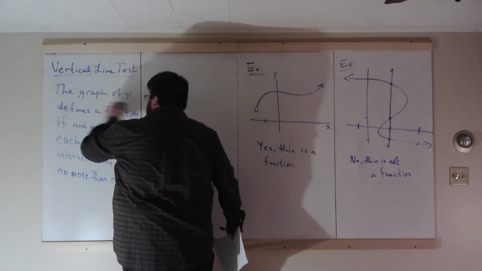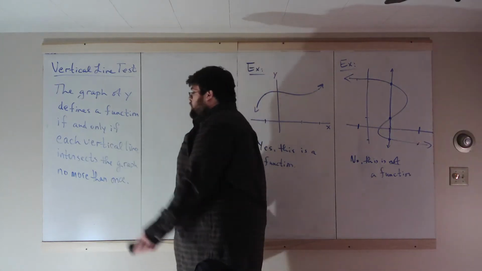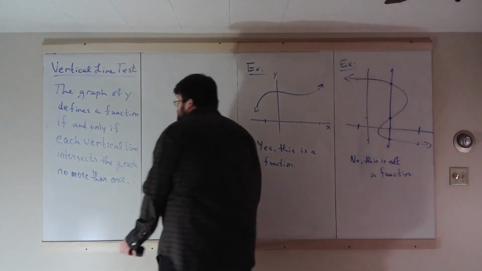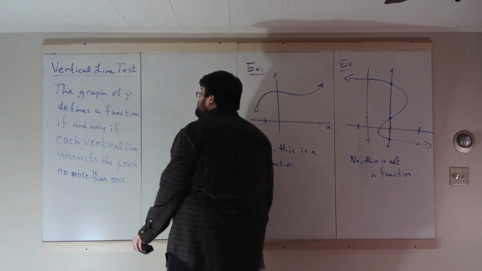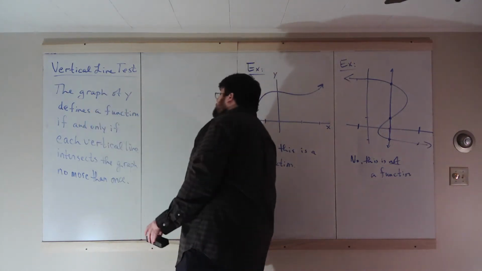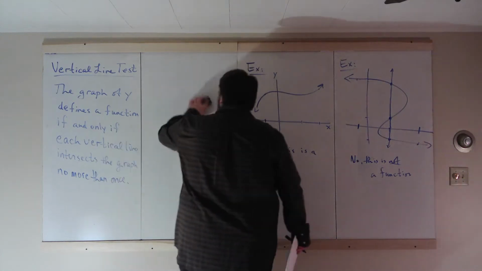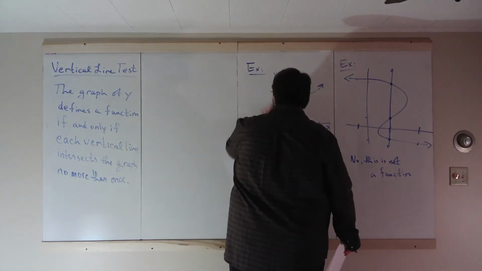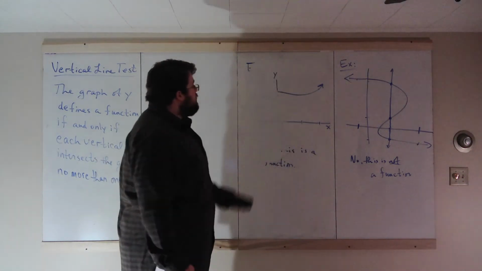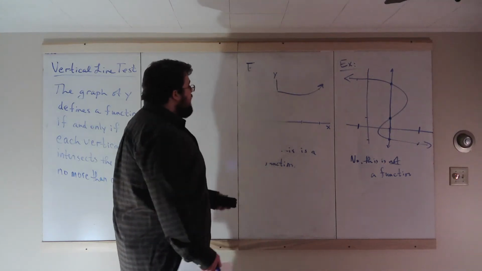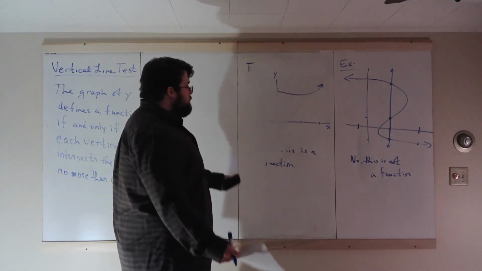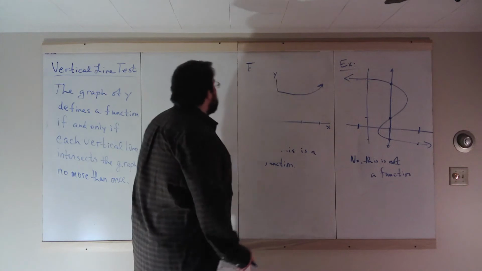So what happens before the "if and only if" is logically equivalent to what happens after it. So the graph defines a function is exactly the same as each vertical line intersects the graph no more than once. And on this one that I drew here, and I erased half of, you can rewind a few seconds to see the whole thing again.